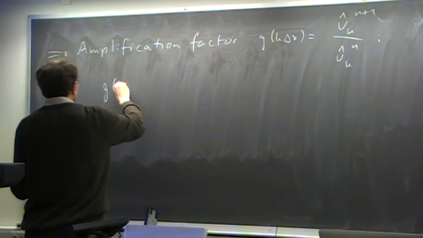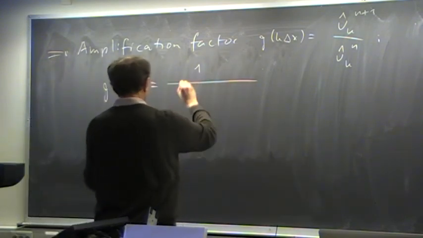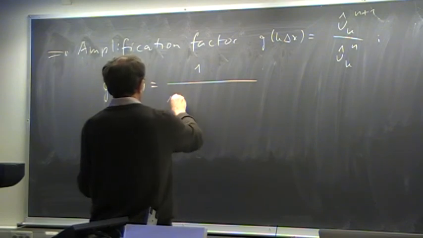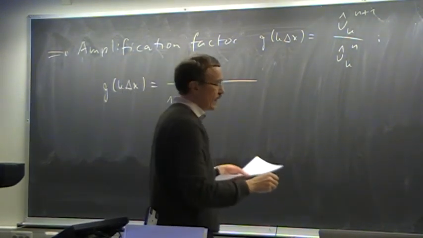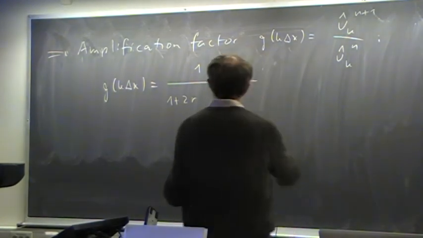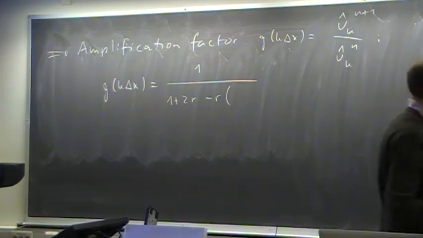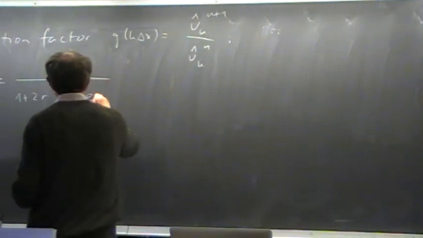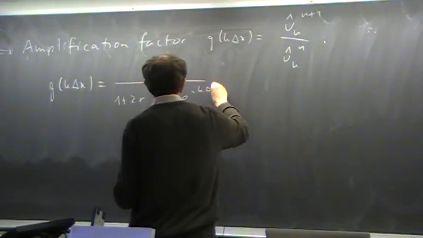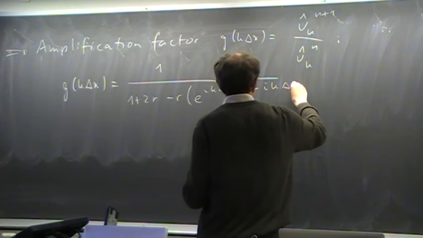We get that the amplification factor in that case is 1 divided by 1 plus 2r, and then we get minus r times these terms that we have there, e to the I k delta x plus e to the minus I k delta x.